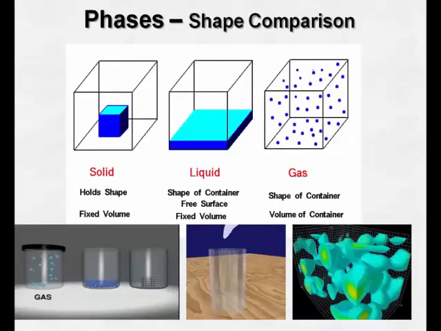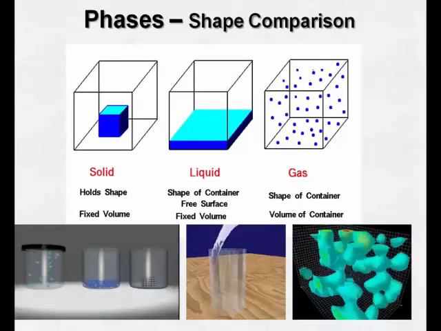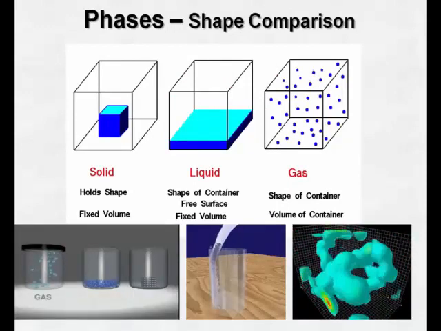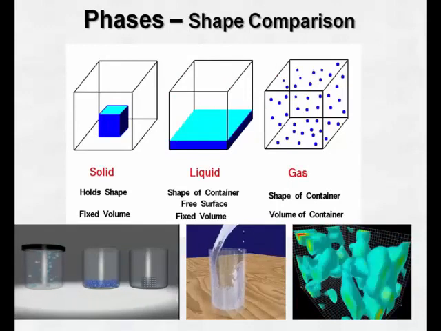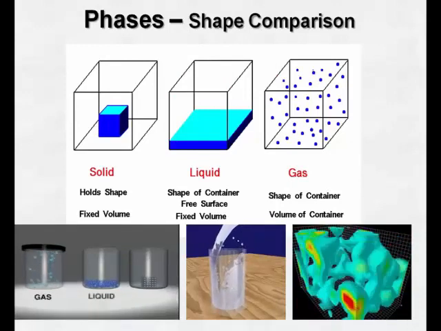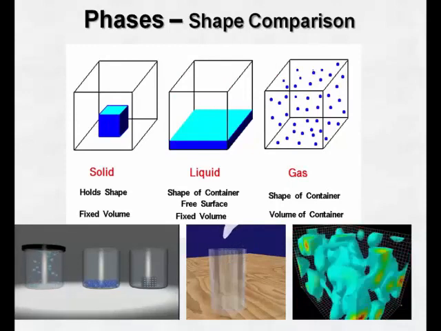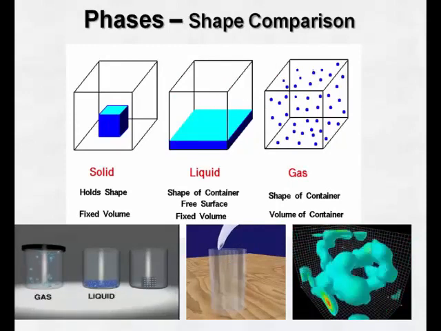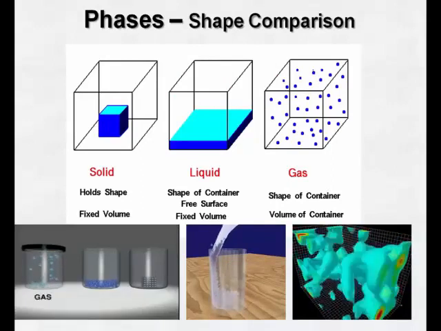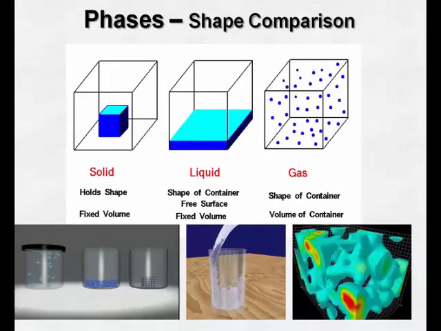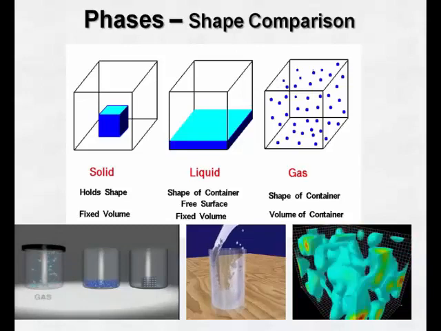Now we can see the shape of the phases. Take the solid. Solid keeps its own shape when kept in another container. So solid has a fixed shape and fixed volume. Whereas liquid takes the shape of the container, so it forms the free surface, and it also has a fixed volume.